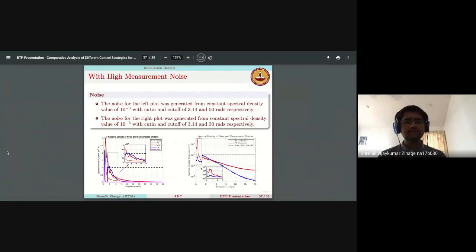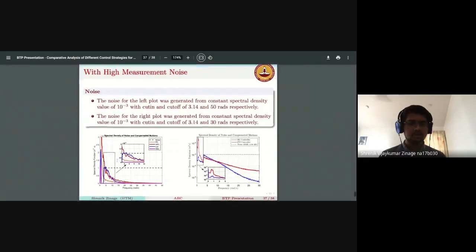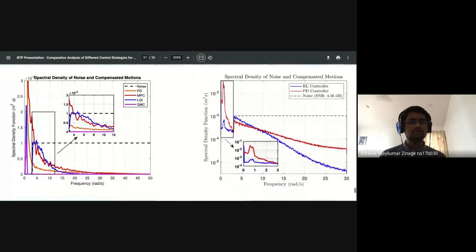And when I took a high measurement noise, these are the results that I got. In high measurement noise, I faced saturation of the swash angle, because the output that I feed back to the controller is just Y plus the noise. Since the noise taken was of high value, Y would be high, and due to that there was saturation of the swash angle.